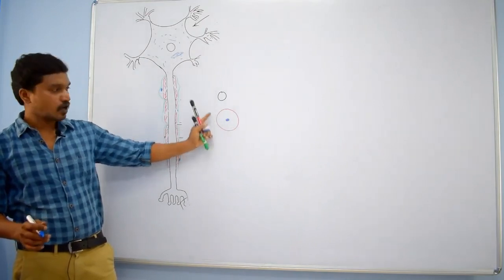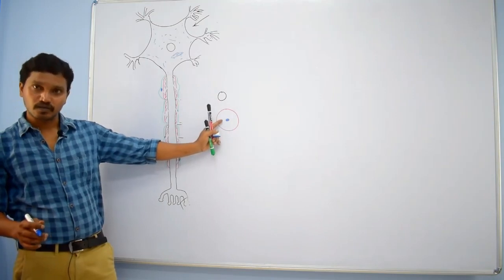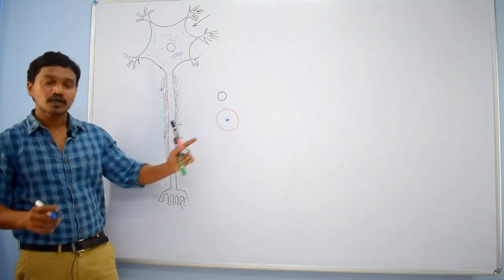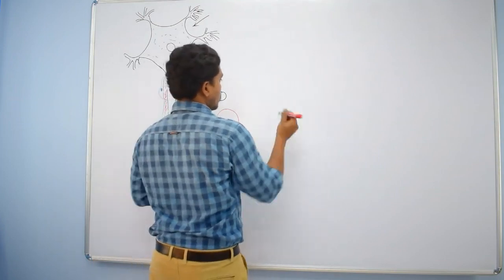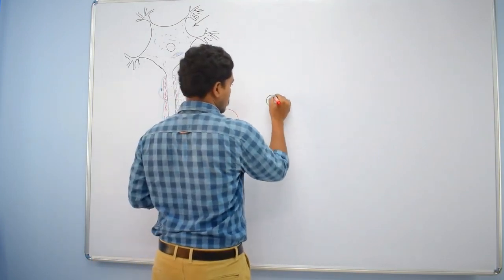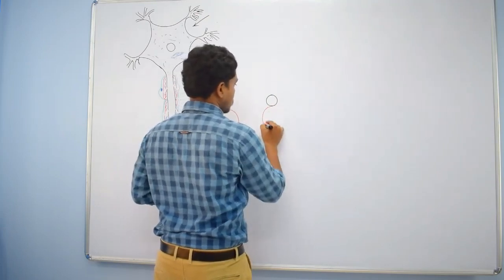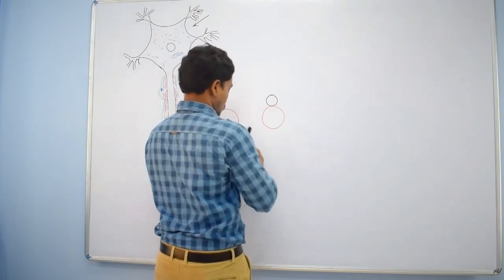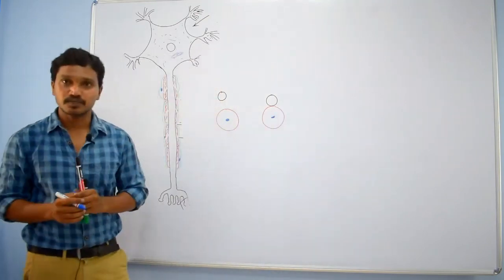First step, approximation of axon and squamous cell, right? So when it approximates, this is the axon and here is the squamous cell. They have approximated with each other.